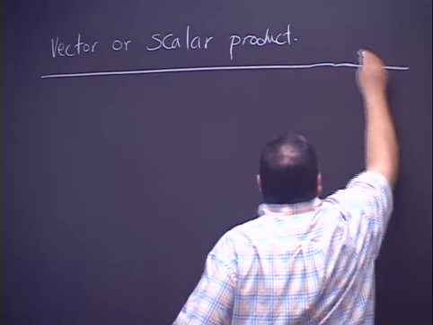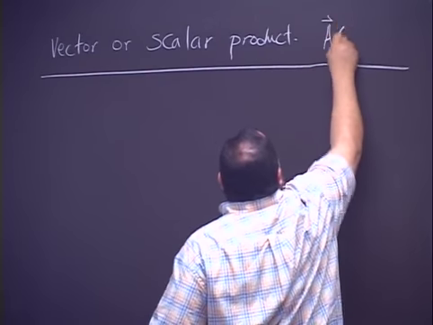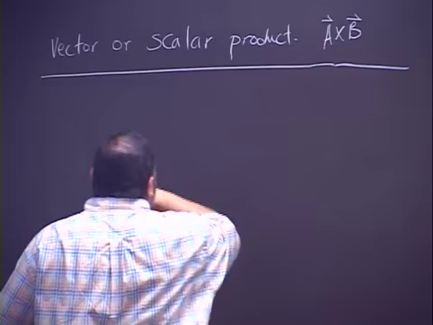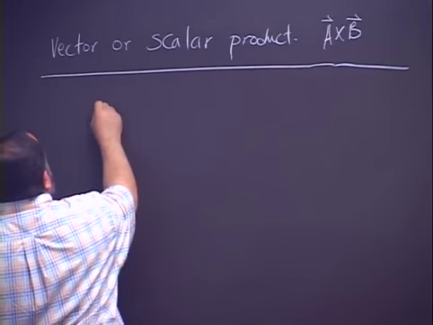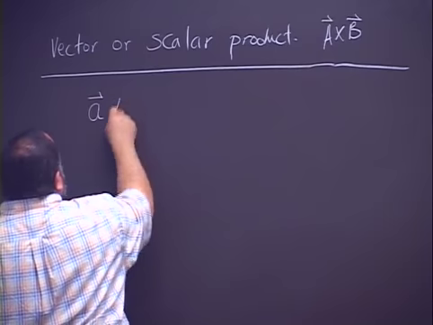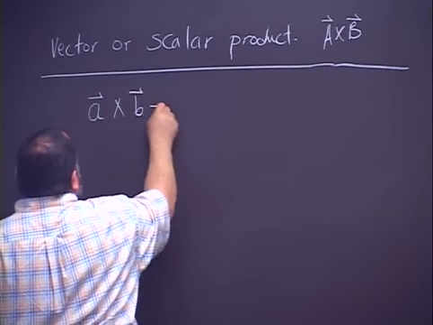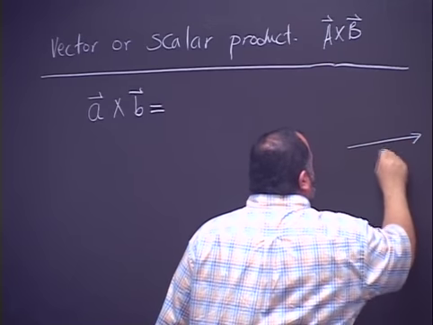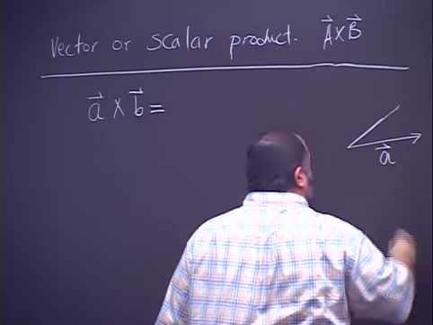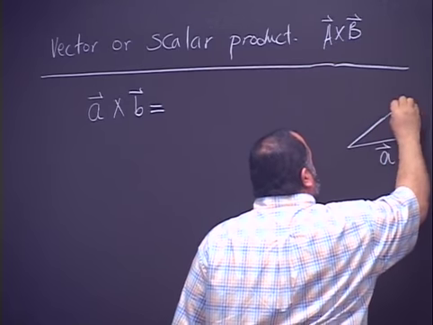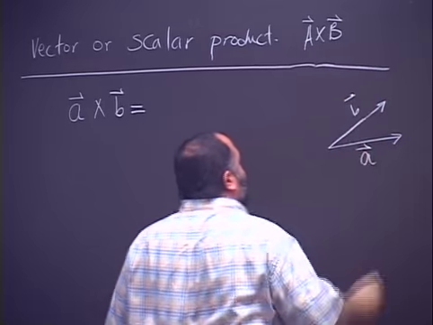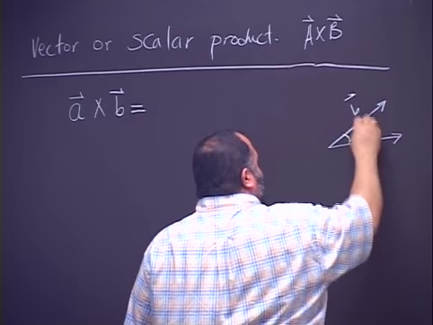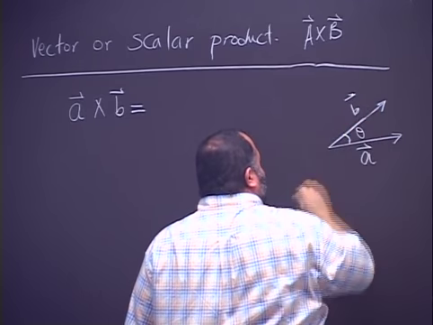And usually they give it the symbol A cross B. Usually the vector product is defined as follows: if we have a vector A crossed with vector B, and let's assume that this is vector A and this is vector B, there is an angle between vector A and vector B, and this angle is theta.